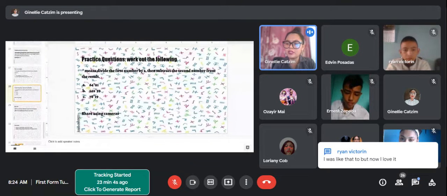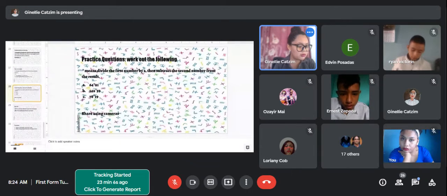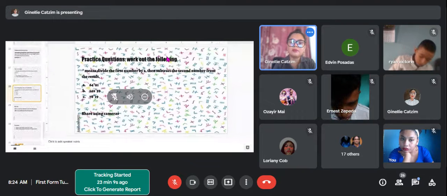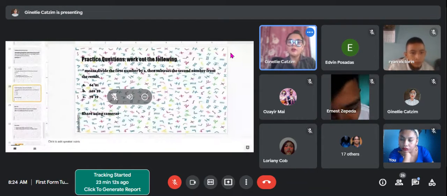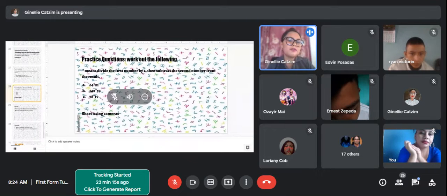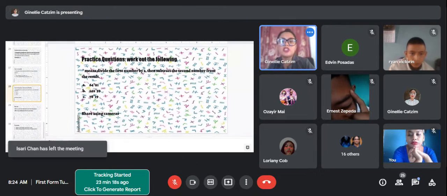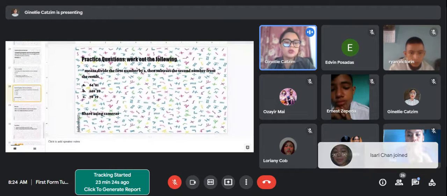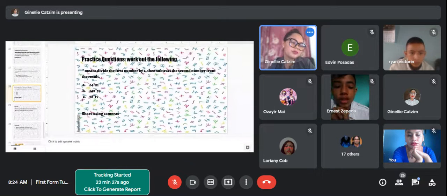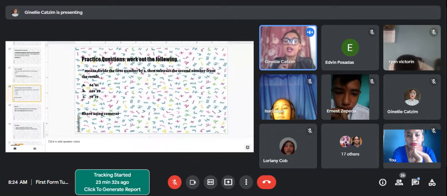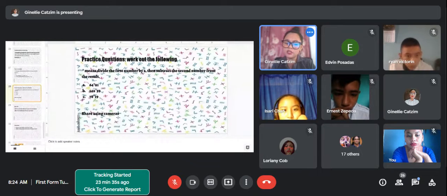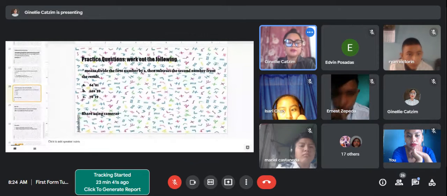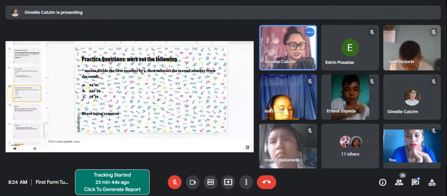So these are your practice questions. The little asterisk means divide the first number by 2, then subtract the second number from the result. I think we can take 4 minutes, and please record every step that you do in your notebooks, first, second, third, because you will share using your cameras. You have 4 minutes.